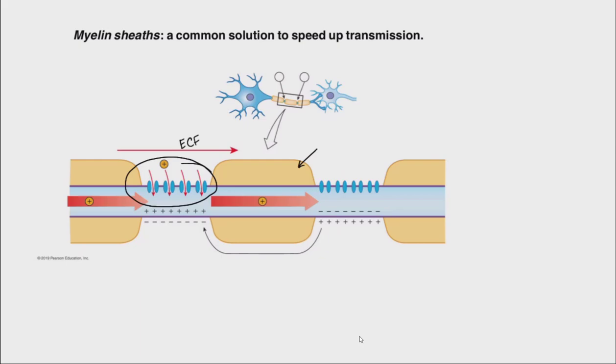So it turns out that myelinating the axon gives another benefit as well. When positive charge comes in through a node of Ranvier, it needs to rapidly and consistently make it over to the next node with sufficient strength. In other words, it can't have leaked out somewhere. It needs sufficient strength to depolarize the membrane over here and start the next action potential.